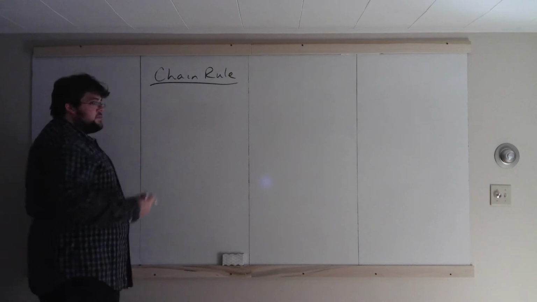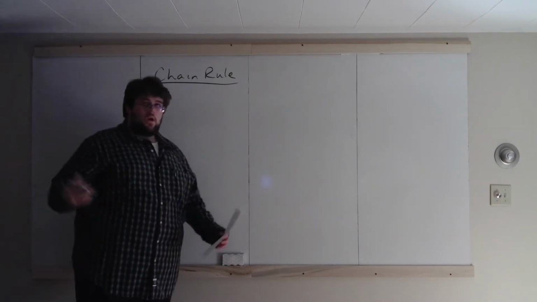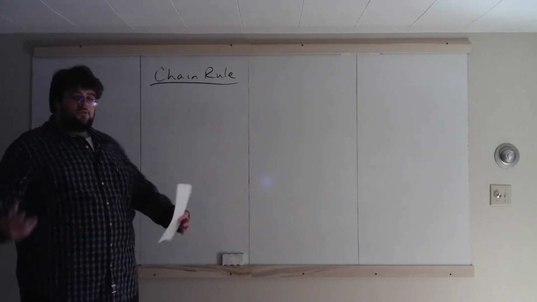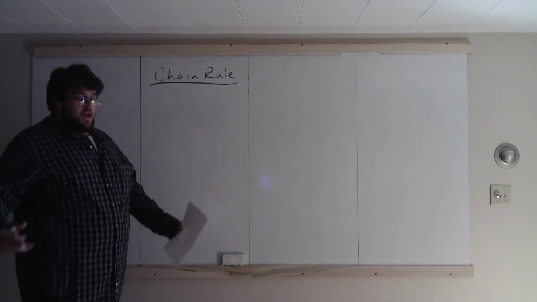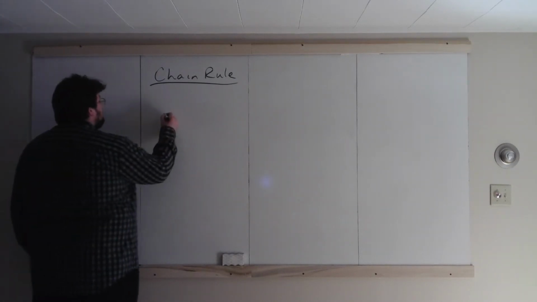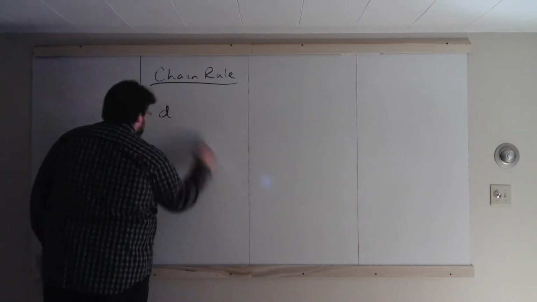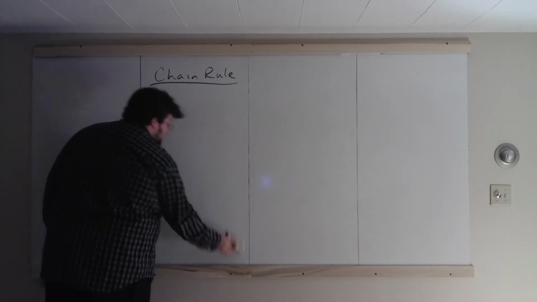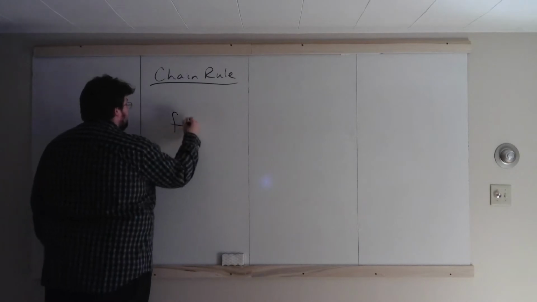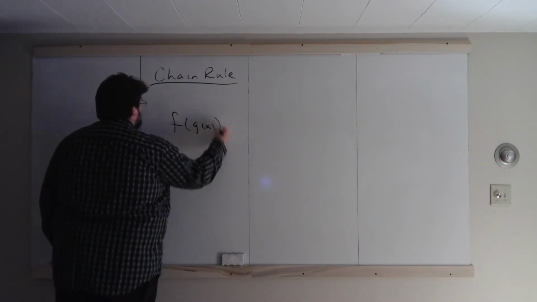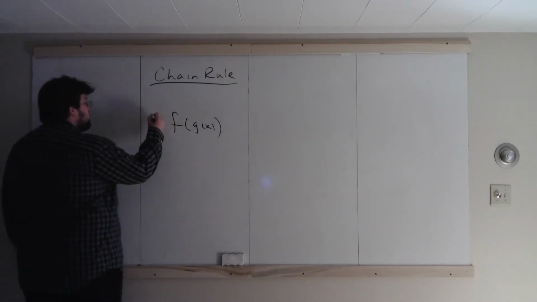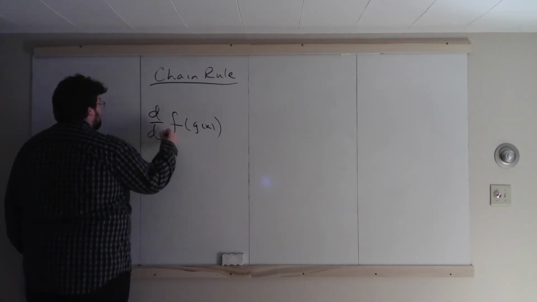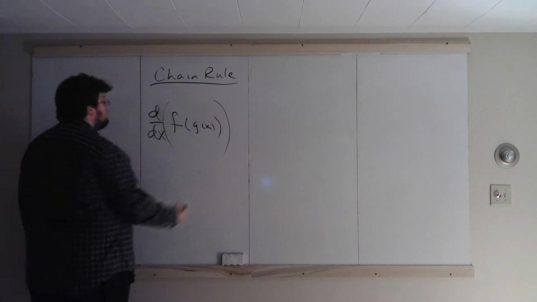The difference between sine of x and sine of 2x is that you can break sine of 2x into two functions. Sine of 2x is actually a composition of functions. And the chain rule tells us how to take the derivative of a composition of functions, which looks like f of g of x.